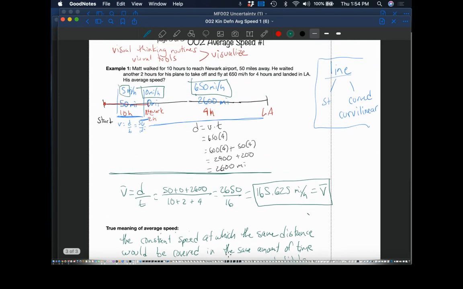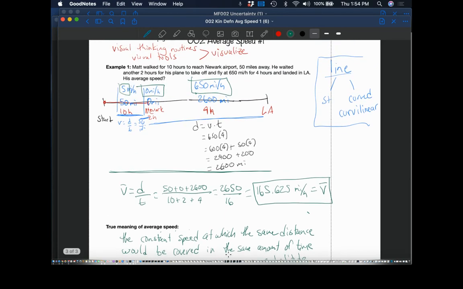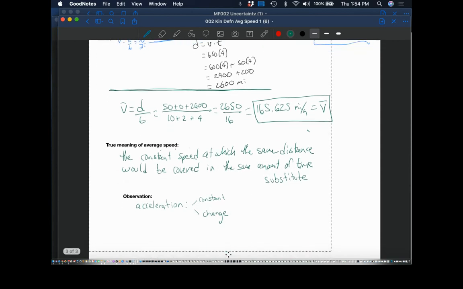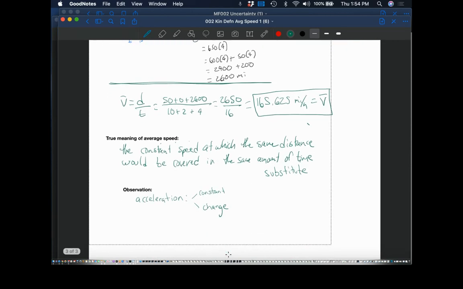Well, if we think about the first part of the journey, there's no acceleration, except maybe at the very beginning. So the acceleration is 0. And then, after we come to a stop at Newark, again, the acceleration is 0. And except for the beginning and very end here, the acceleration is also 0. But it's changing nonetheless. And the change is not steady or even. And that's all I want to draw your attention to.